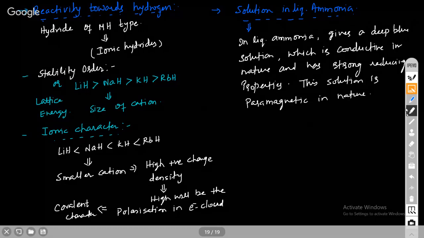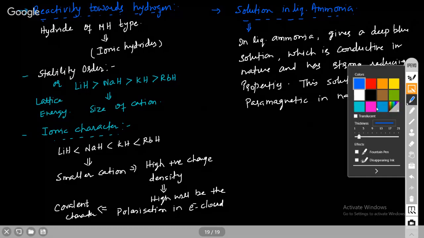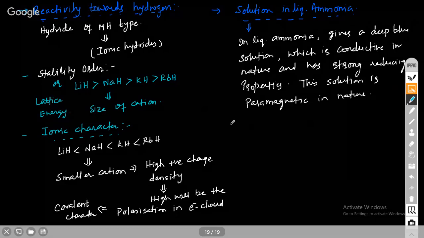Now you see the reaction here. Metal M combines with ammonia, NH3, and we get M(NH3)x plus plus electron(NH3)y minus.